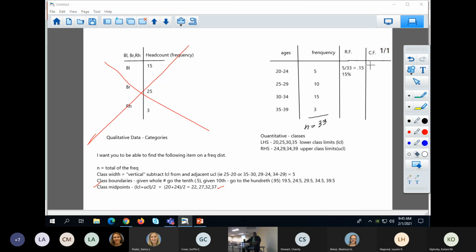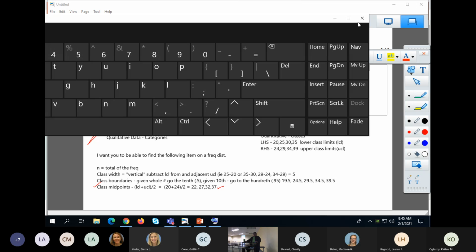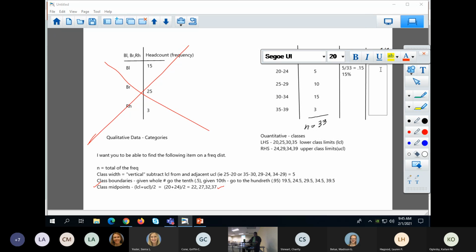You put your first number down, 5, and then you add the second number, 15, then you add the third number, 30, and then you add the fourth number, 33. The last number should match your n.